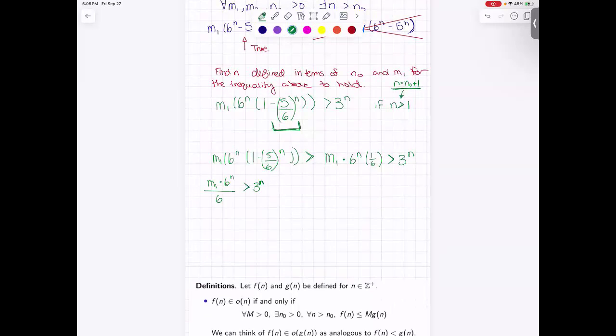Now, keeping this in mind, we're going to divide both sides by 3 to the n, and this can be rewritten as m1 over 6 times 6 to the n over 3 to the n, greater than 1.